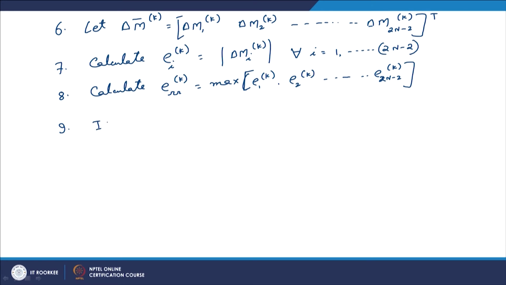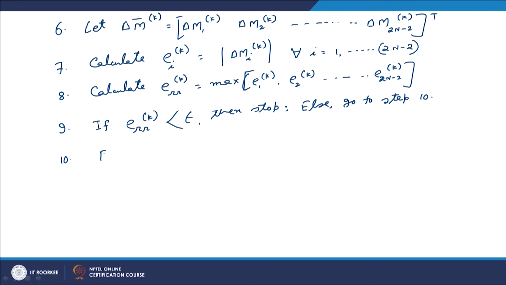If error k is less than some epsilon, then stop, else go to step 10. What do we do in step 10?